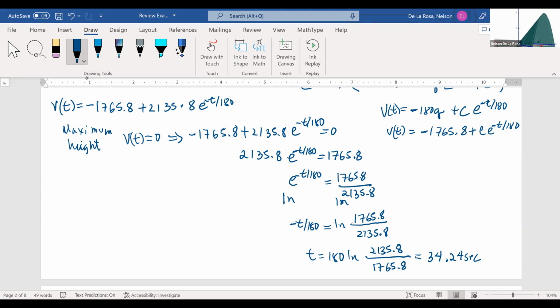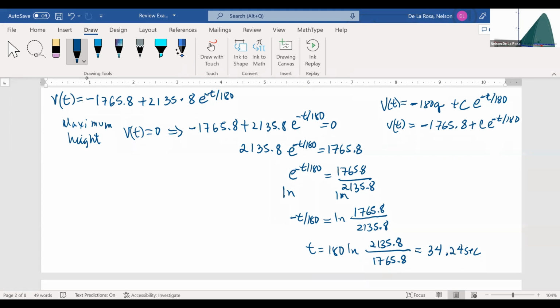So that's the answer to the first part. When? Well, when t is equal to 34.24 seconds once the object started moving.